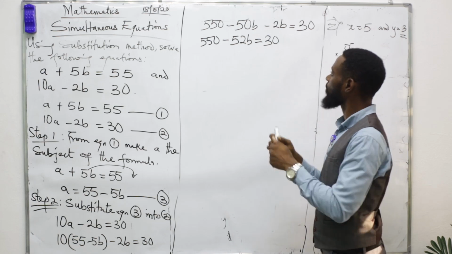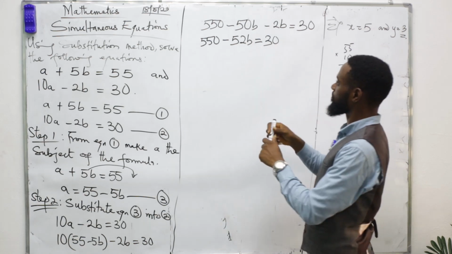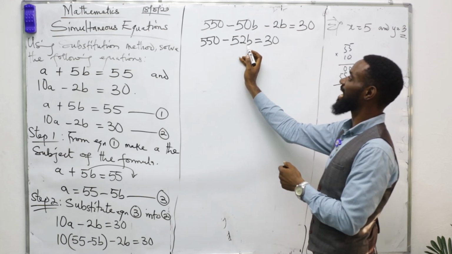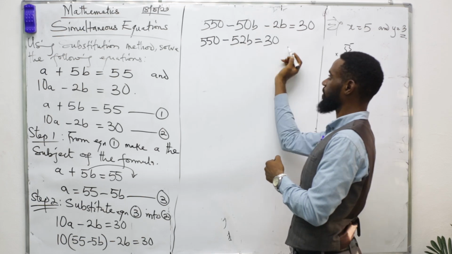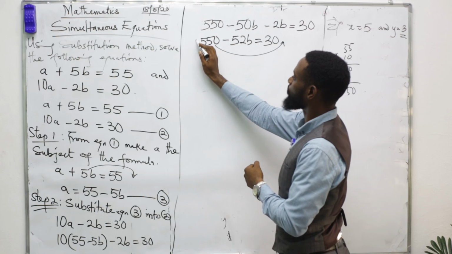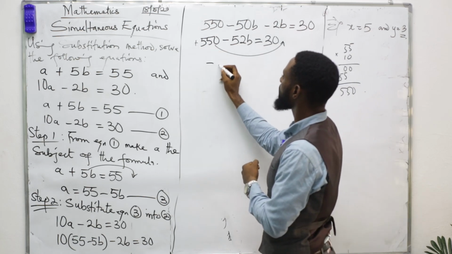So the next thing to do here is take like terms. This 550, since it does not have an expression with b, take it to the other side that has real numbers. There is a positive sign here which is not visible, and it will change to minus.